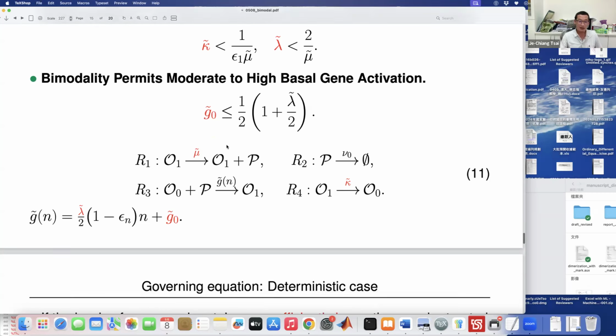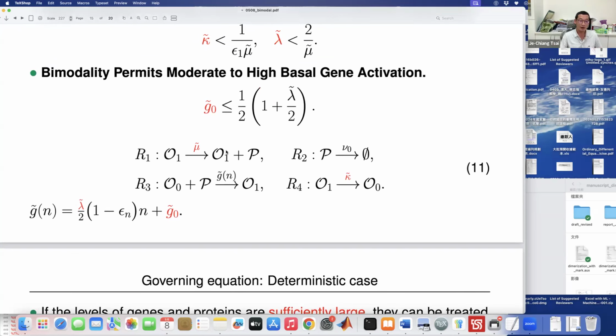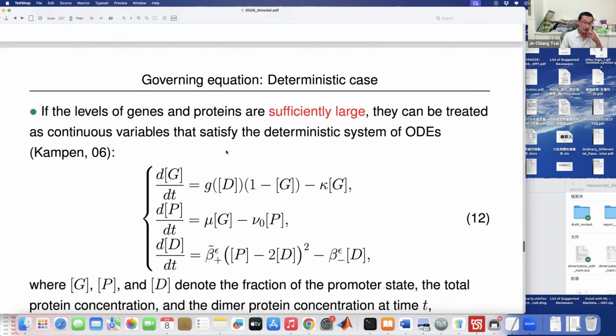So this is the implication of our result. If we assume that the level of gene or protein is sufficiently large, then we can use only the ODE, or deterministic system, to describe this network.